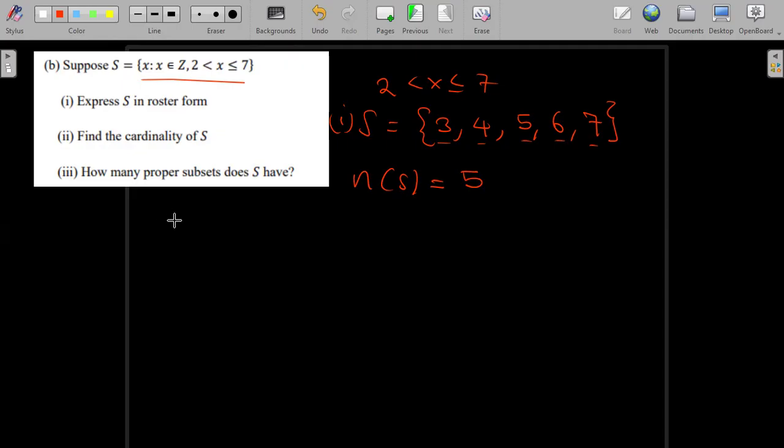Then they're telling me how many proper subsets does S have? How many proper subsets? Note down the question, proper subsets.